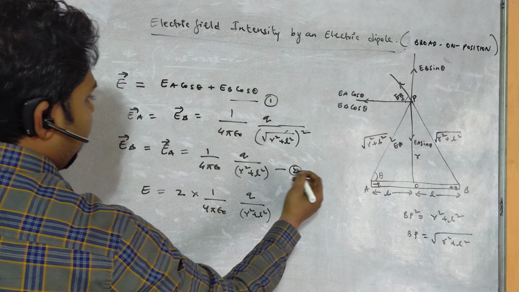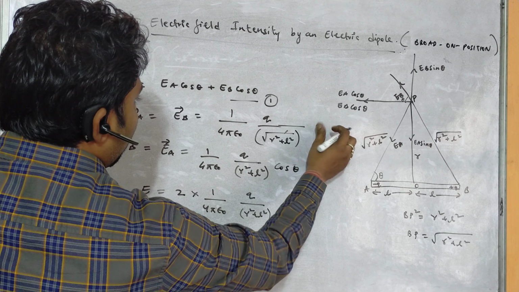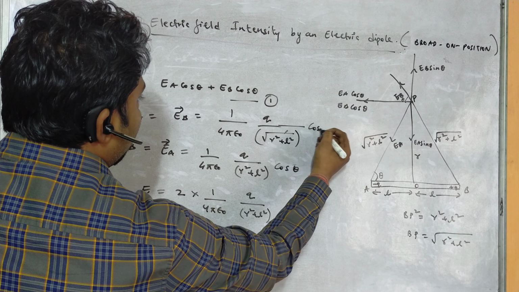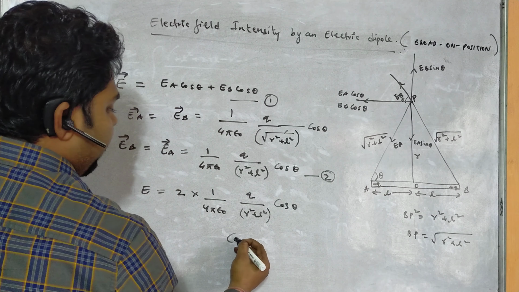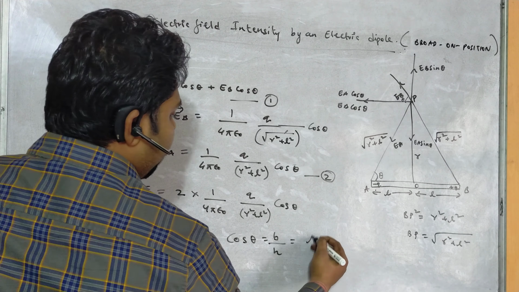And here one more term we have, that is cos theta. The cos theta term we will be writing here in equation number 2. Now cos theta, from this triangle we can get cos theta equals B by H. If I see, B is L here, and H is root under R square plus L square.